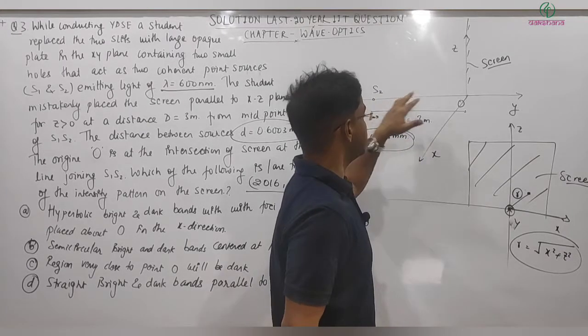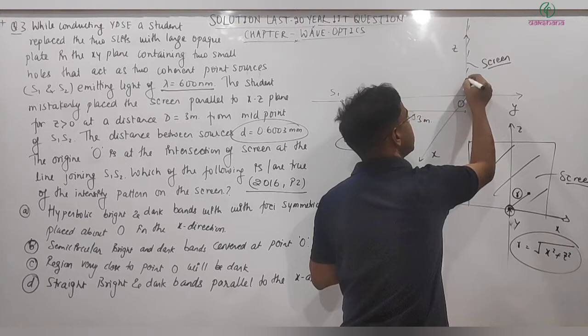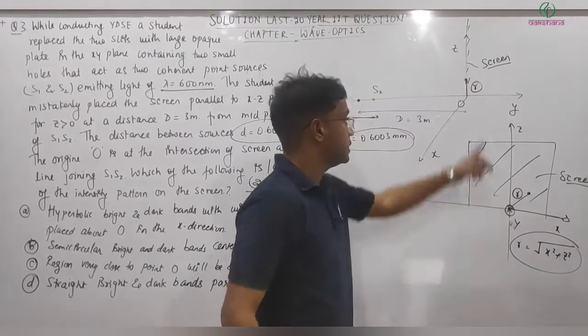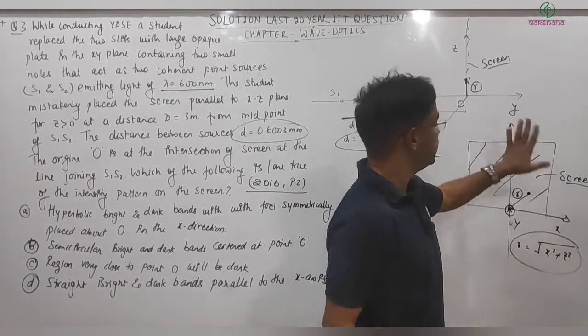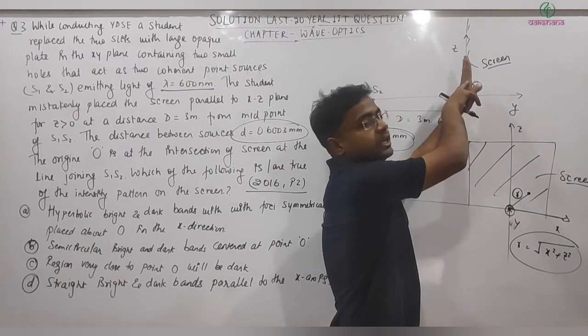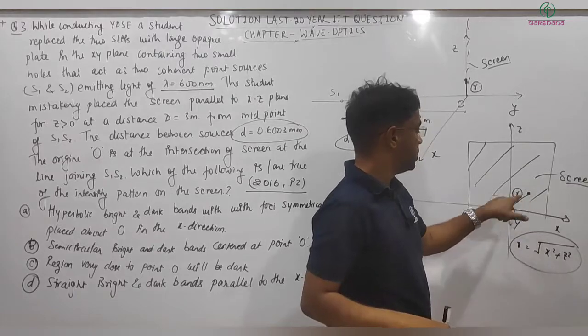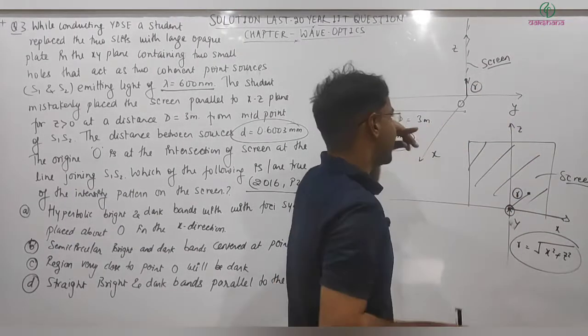And this point will be somewhere on this screen, at distance r from the origin. If you are looking from this side, then the screen will look like a paper to you, and the point is somewhere here on the screen. So I have assumed it at distance r from the origin, and the point will appear like this.